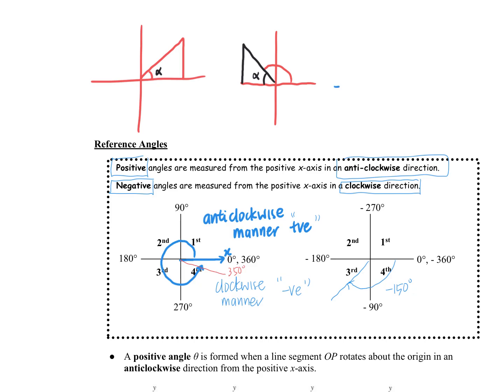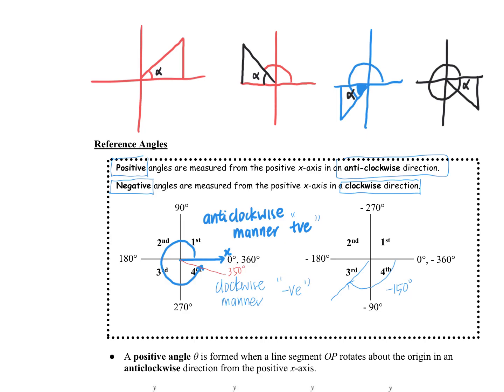Even if I go into the third quadrant, to find the right angle triangle, I'm only referring to this angle. And the very last one, in the fourth quadrant, if my angle is 330, which ends here, I will still be referring to this angle here.